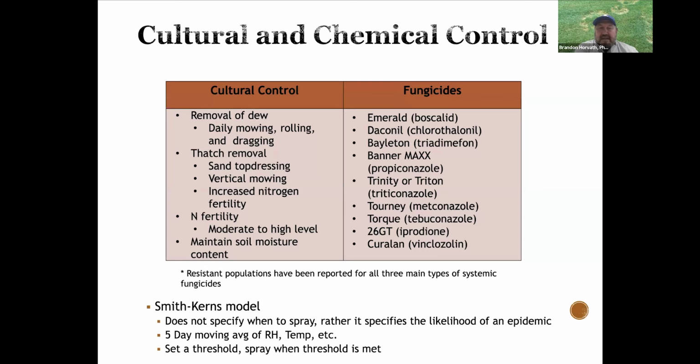So sand top dressing, regular vertical mowing, and proper nitrogen fertility help manage thatch development, which makes an environment less conducive for a lot of inoculum to be present. It's important to keep fertility moderate, enough to support growth and keep it moving forward, but not so limiting that the plant struggles to grow, which makes it more susceptible to disease development.